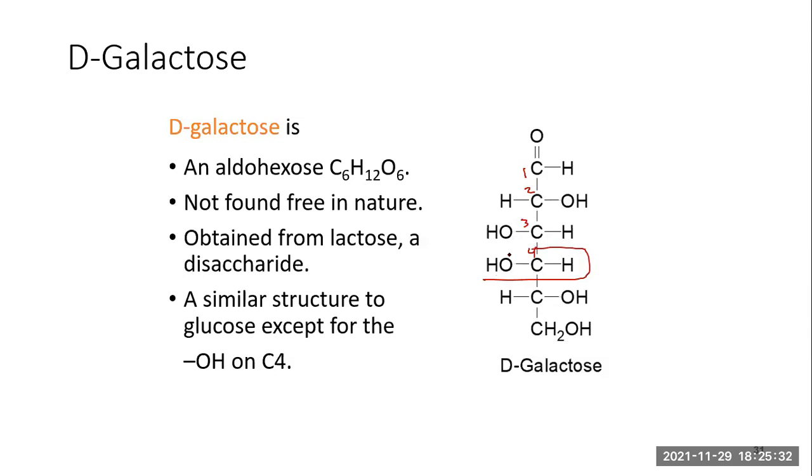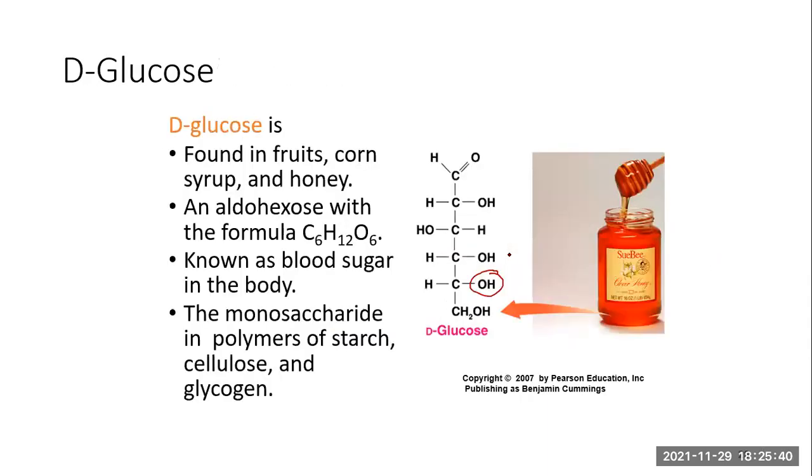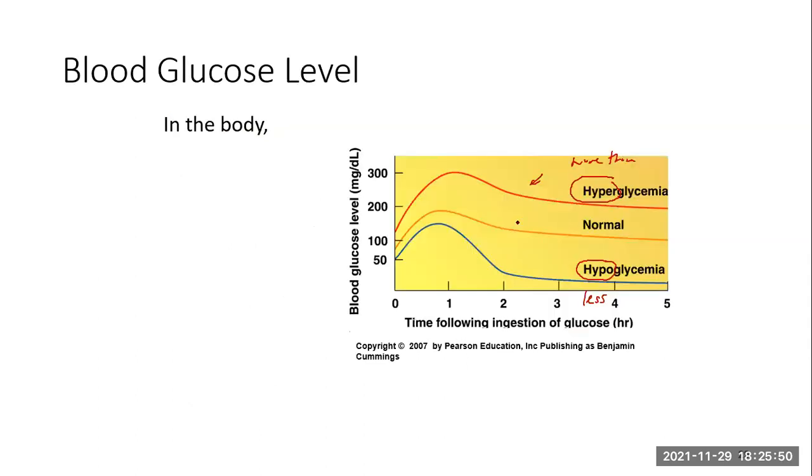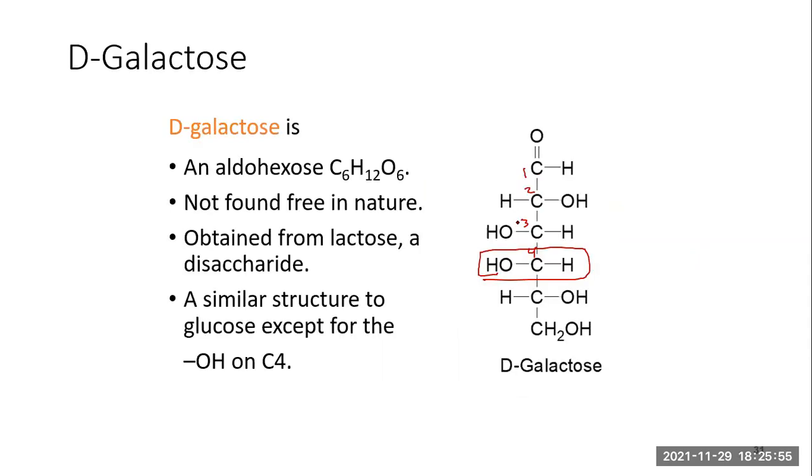So this is a major difference between that and glucose. If we take a look at glucose, which we just had up here, and we see carbon number 4 for glucose, we have the OH group over here. So again, a difference between these two is found right there. The rest of the structure is very, very similar to each other, just that difference at carbon number 4.